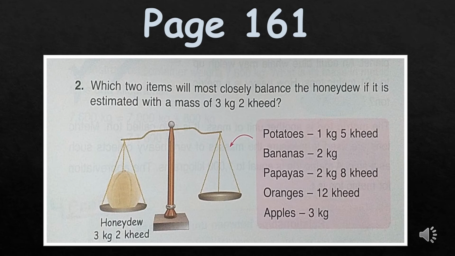No, that's even more than the bananas, so that cannot be. So this one you need to do yourself. Find 2 weights that if you combine them, they are a little bit less than 3 kilo and 2 kg.